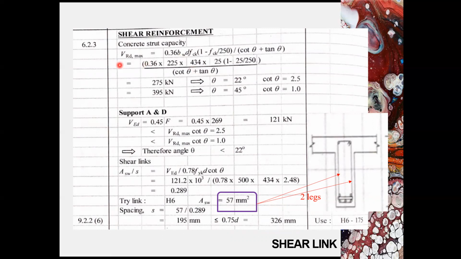In these equations, we need the bw, which is the width of the web, effective depth d, characteristic strength of the concrete fck, and the theta. In the shear design, the theta shall be within 22 degrees to 45 degrees, and it shall not be more than 45 degrees.